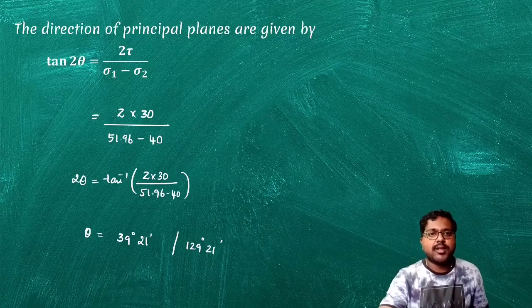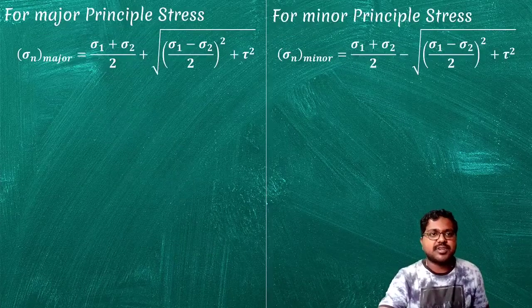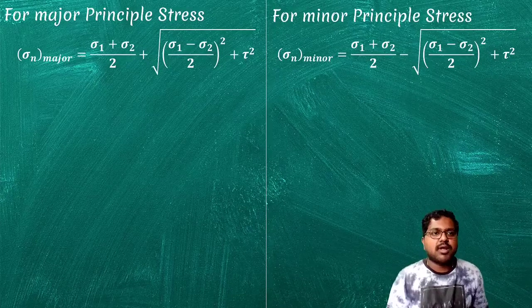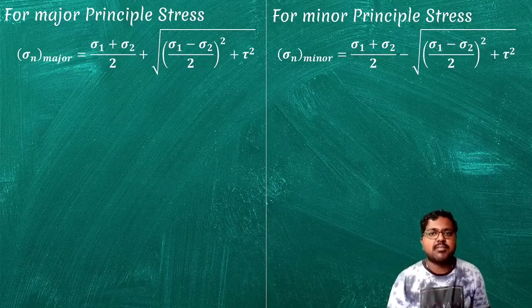Now to find the intensity of the principal stresses, we will use this formula for sigma n major and sigma n minor. By applying the values of sigma 1, sigma 2 and tau, we will get sigma n major, that is the major principal stress, and sigma n minor, the minor principal stress. So let us apply the values.